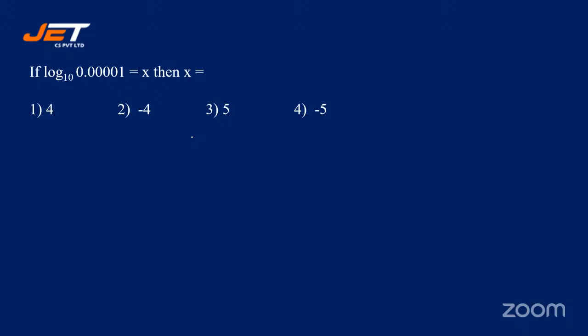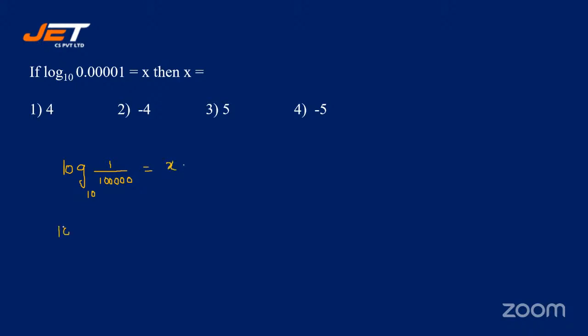So we already know how to write this. 0.00001 can be written as 1 by 1, 2, 3, 4, 5. Then only we can write it as 0 point, isn't it? Right, to the base 10. Now this is equal to x.